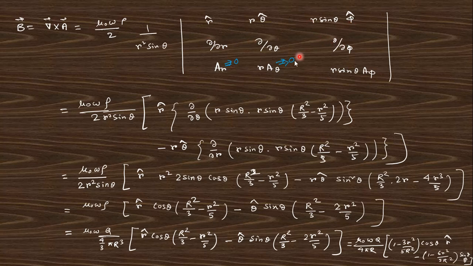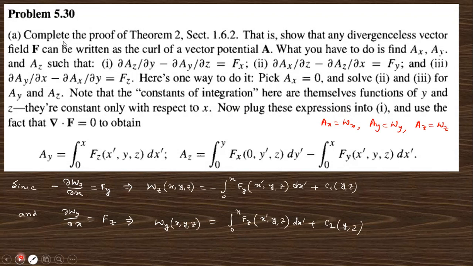And for phi cap, these two are 0. If you take the derivatives and rearrange, you can easily find this solution. Work out this solution yourself. If there is any doubt, comment in the comment box. Go to the next one.